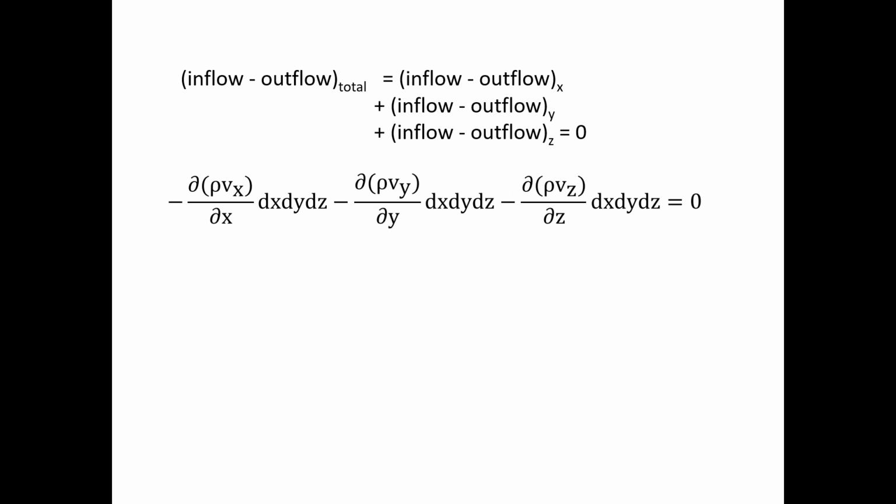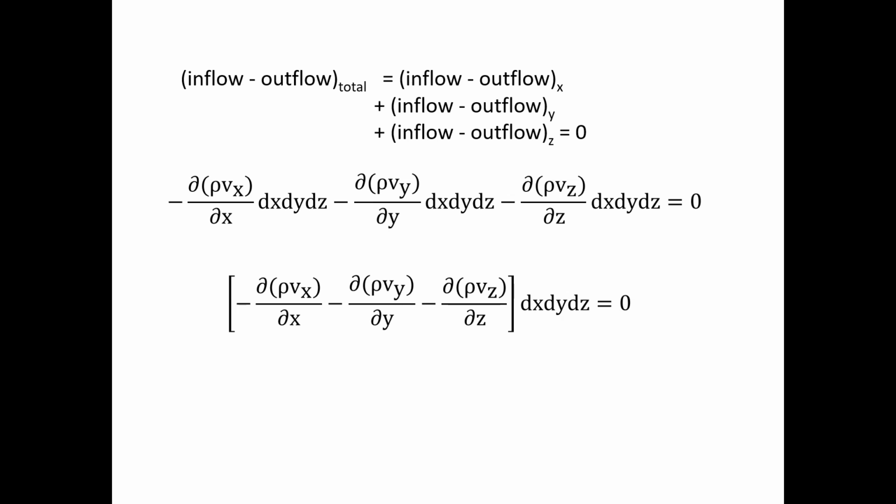So if we take those three terms that we derived and put them together and set that equal to 0, now we can start simplifying things. If you pull out the dx, dy, dz, divide both sides by dx, dy, dz, and then divide both sides by -1, we end up with this really simple expression here.